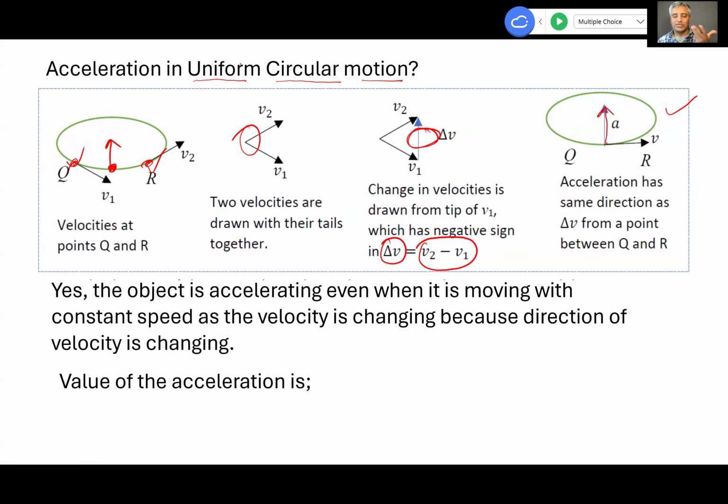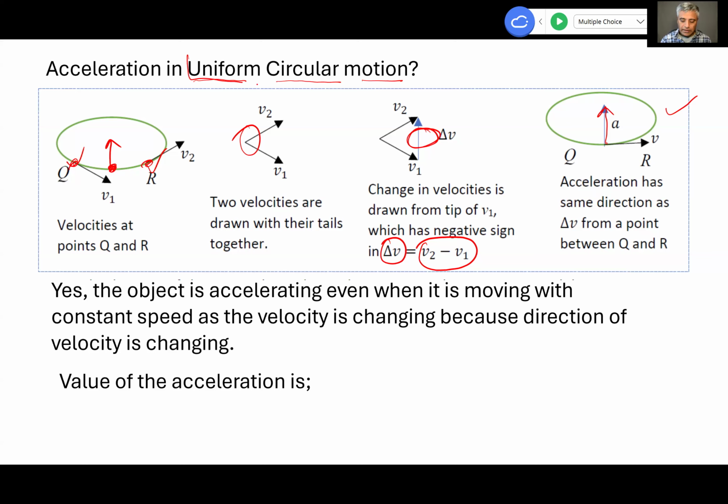That produces a change in velocity. Velocity means value and direction, right? So when we look at here, even if the value of the velocity is not changing, it can be accelerating when it's moving in a circle because the direction of the velocity is changing, okay? So the direction of velocity causes the acceleration.